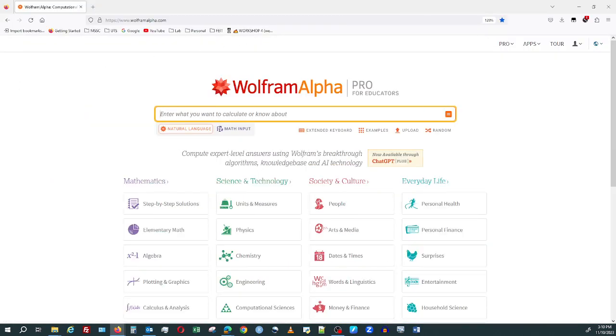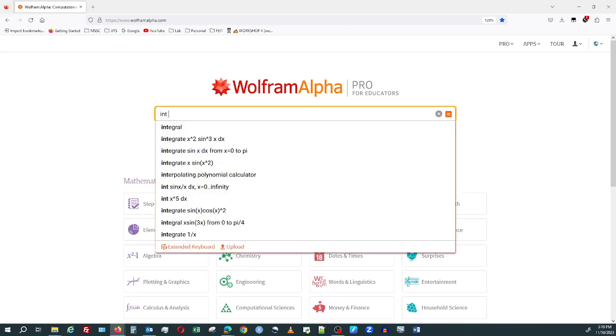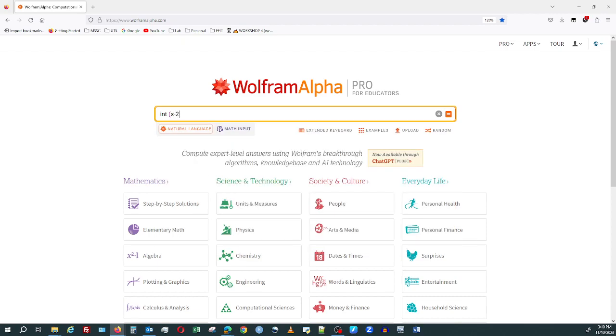And we're integrating the quotient s minus 2, close the quotient, and divide by the square root of s.